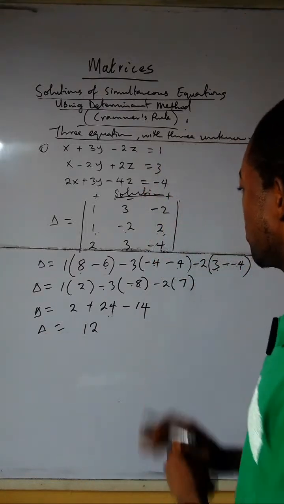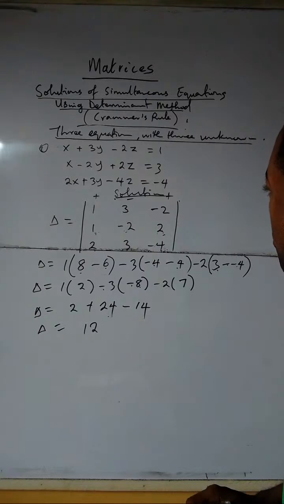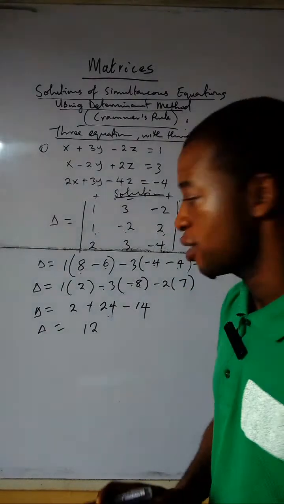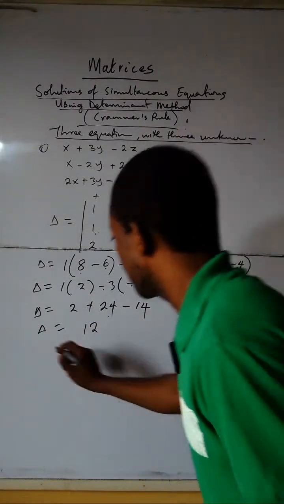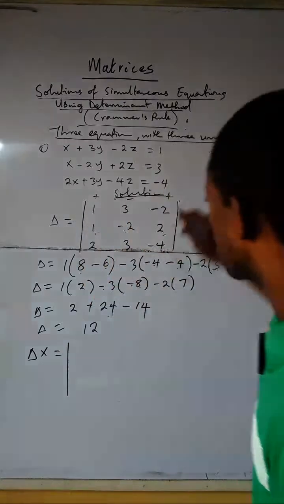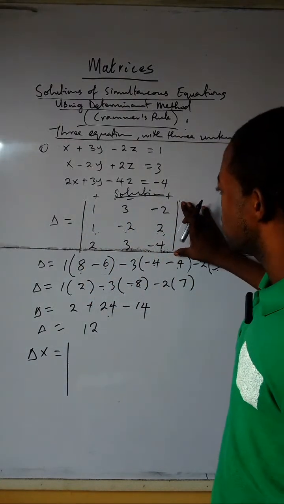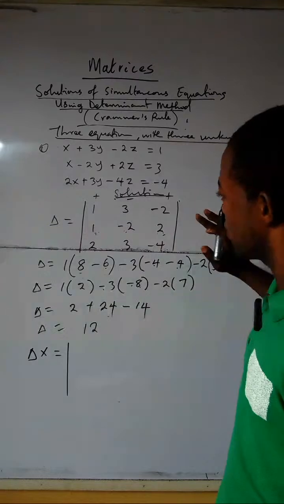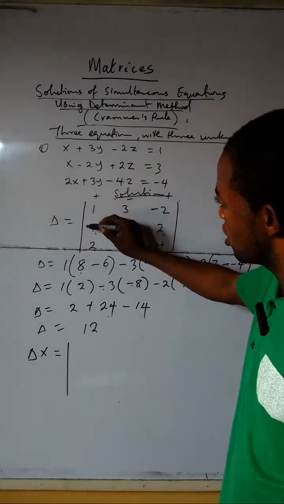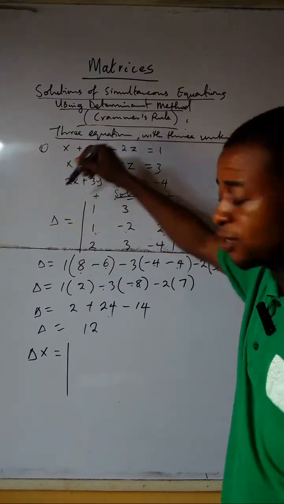Now that we have the determinant, the next thing is to find the determinant with respect to x, okay? Now, the determinant with respect to x here will be equal to, you are still using the same thing here, but you are going to change something there. You are going to change the first column, which is standing as x, the column for x.